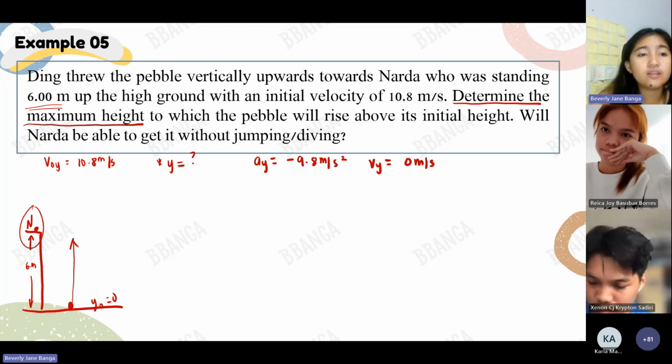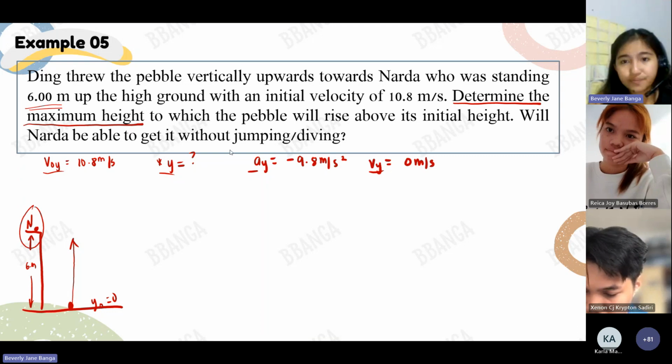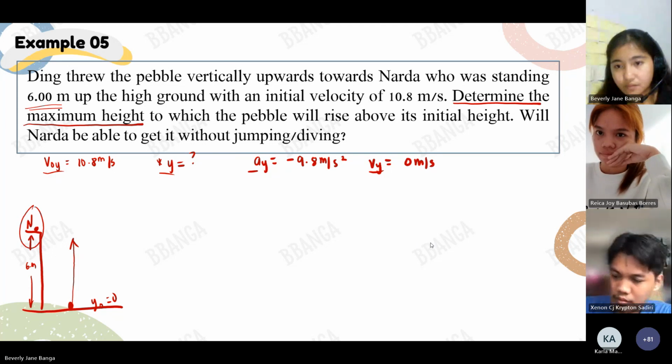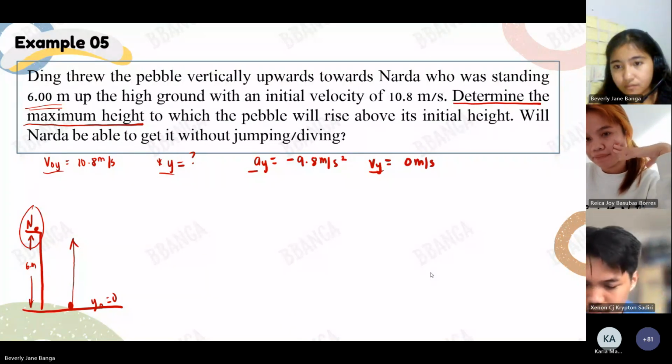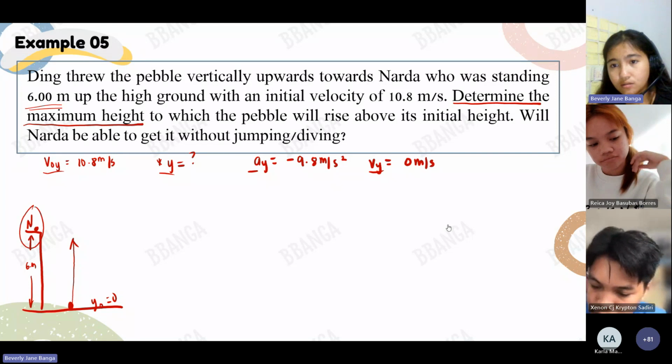Okay, so provided that we have VOY, AY, VY, and Y, aling equation kaya ang gagamitin natin? Magtatawag ako class. Tumangil?